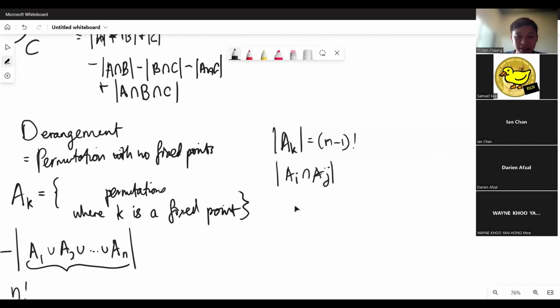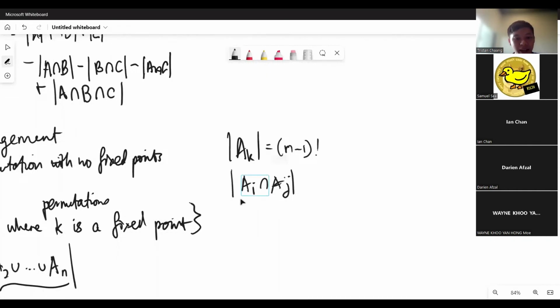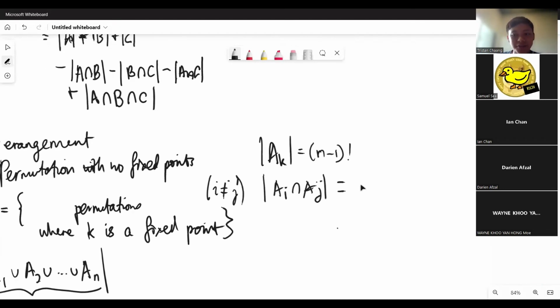Yeah. And so now let's look at this smaller problem. A_I intersect A_J, where I and J are different. I should probably write that, otherwise you might be confused. So how many elements are there here? Well, I think it's just n minus 2 factorial, right?